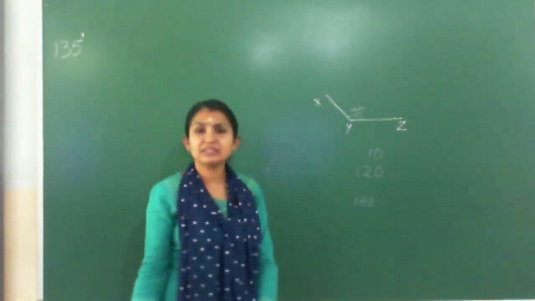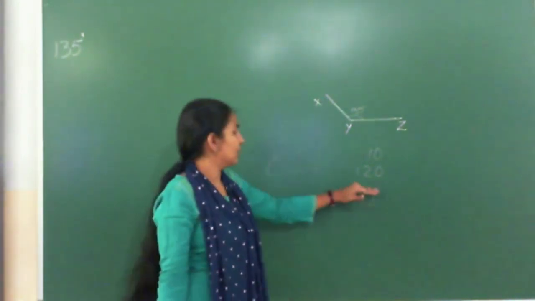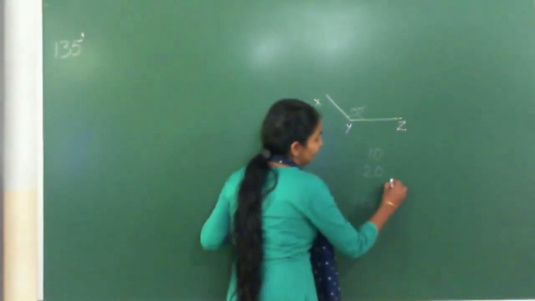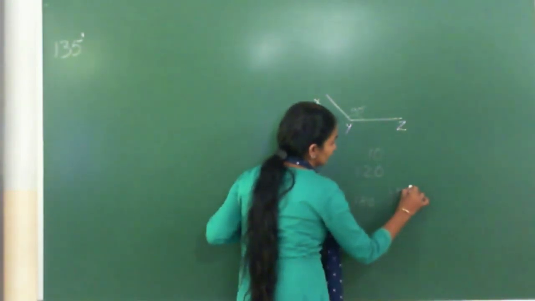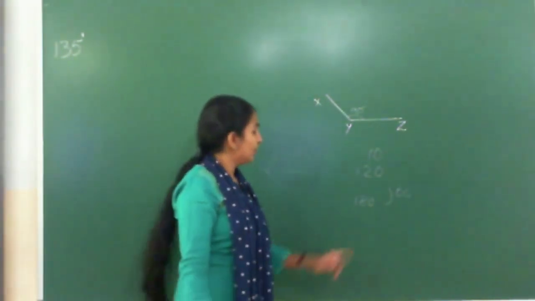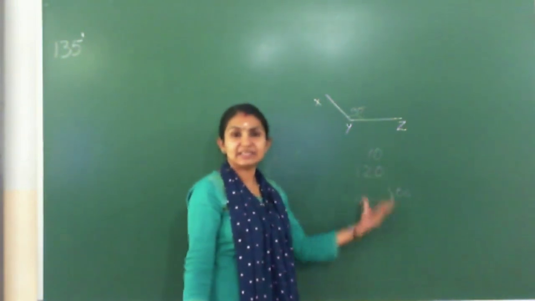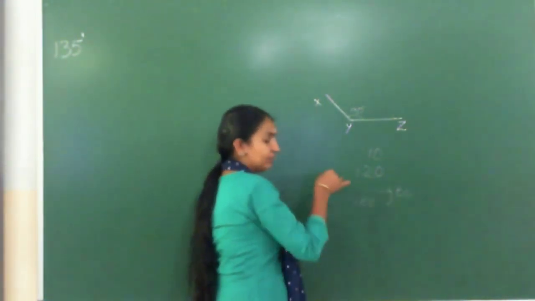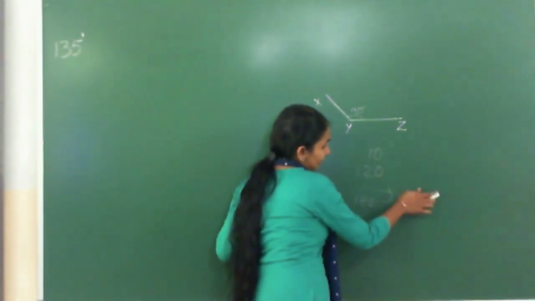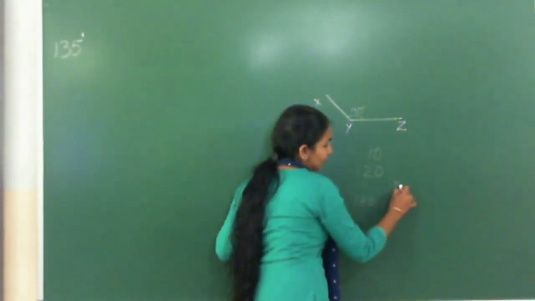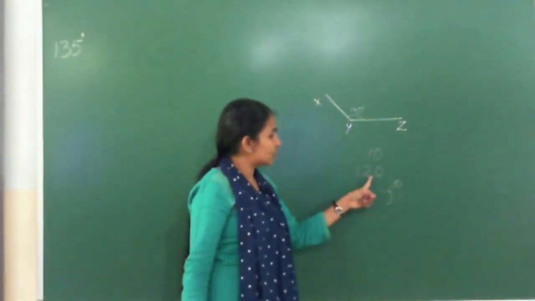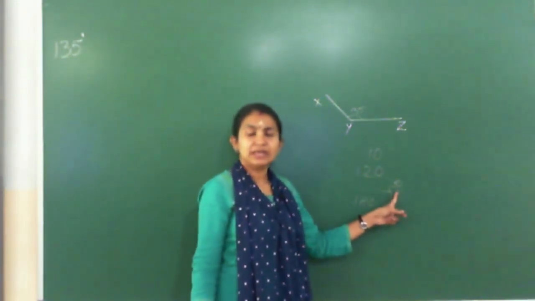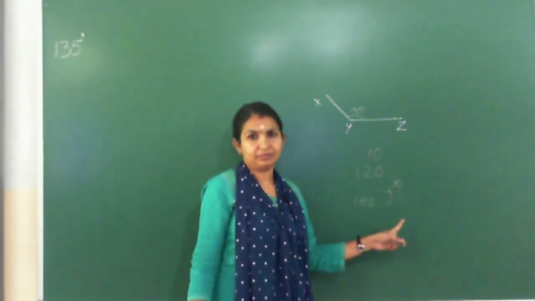This gap is 60 degree, right? The difference is 60 degree. When we think of bisecting 120 and 180, what will we get? We will get 30 degree. So this much will be 30 degree. So 120 plus 30, we got 150.